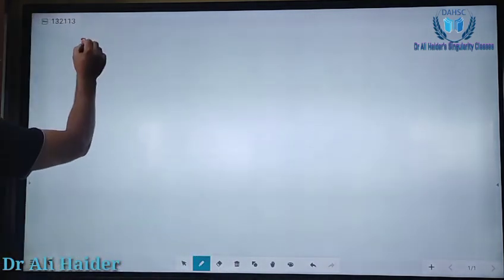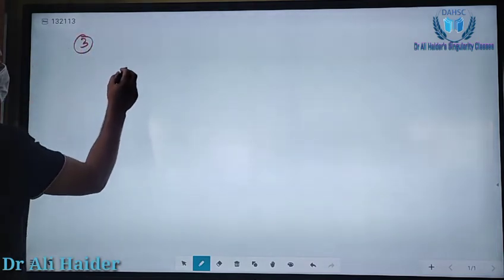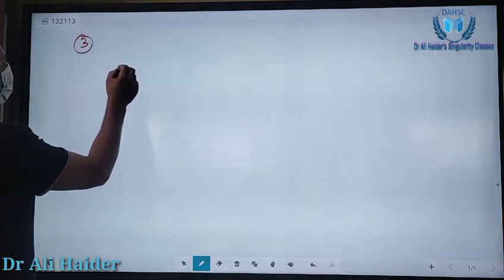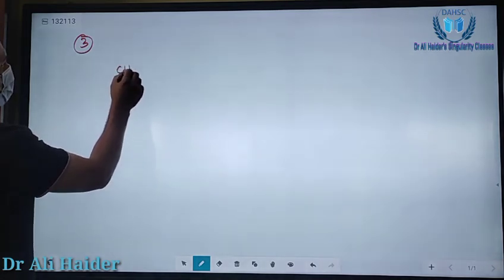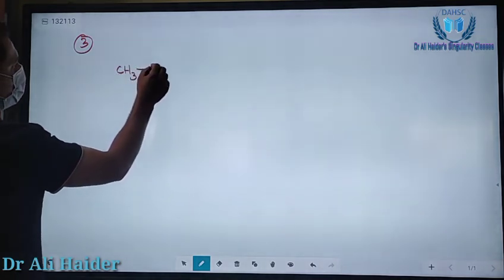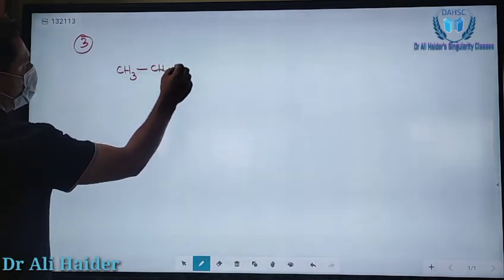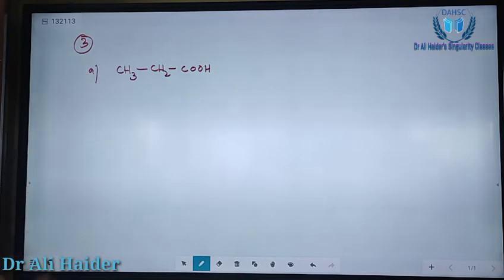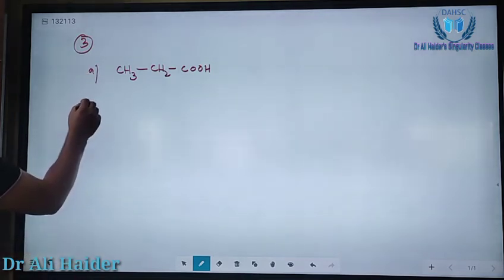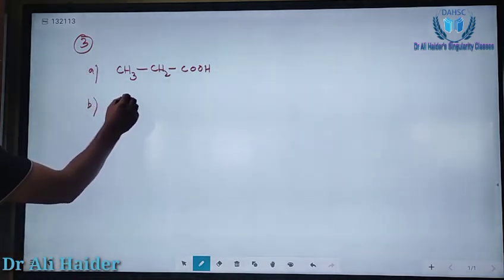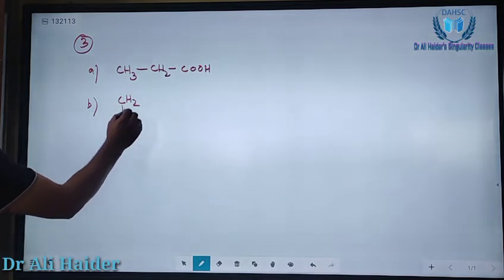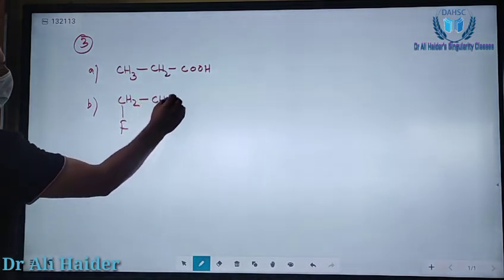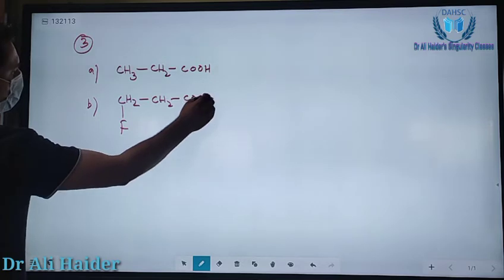Example number 3. CH3, single bond CH2 COOH, A molecule. B molecule is CH2F CH2 COOH.